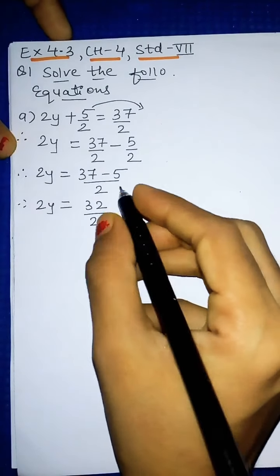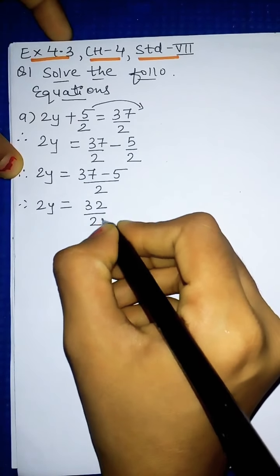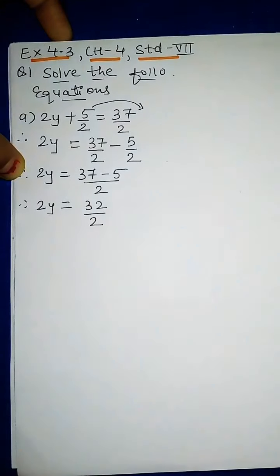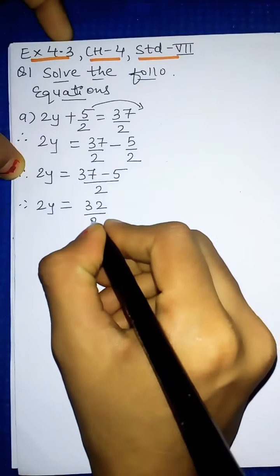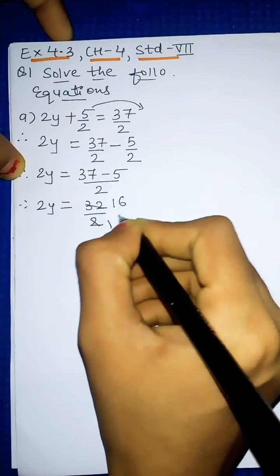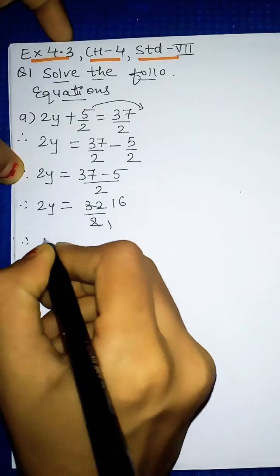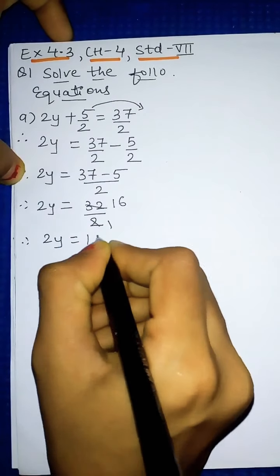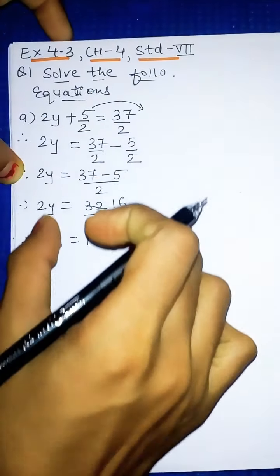So 32 upon 2. Here cancellation is possible, so we can reduce this. 2 ones are 2, and 2 sixes are 12, so 2 sixteens are 32. So what is left with us? 2y equal to 16.